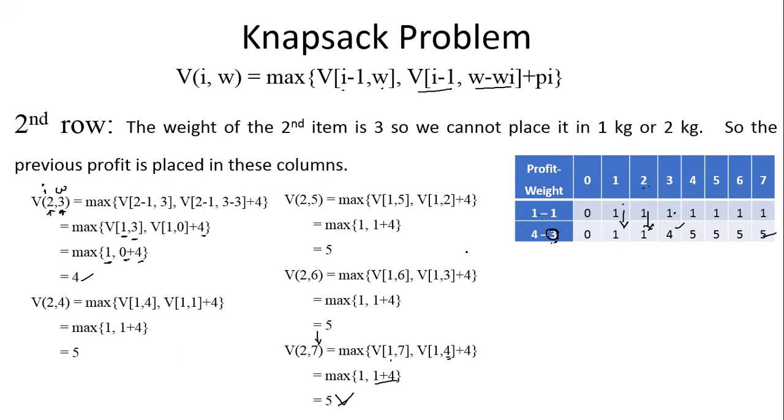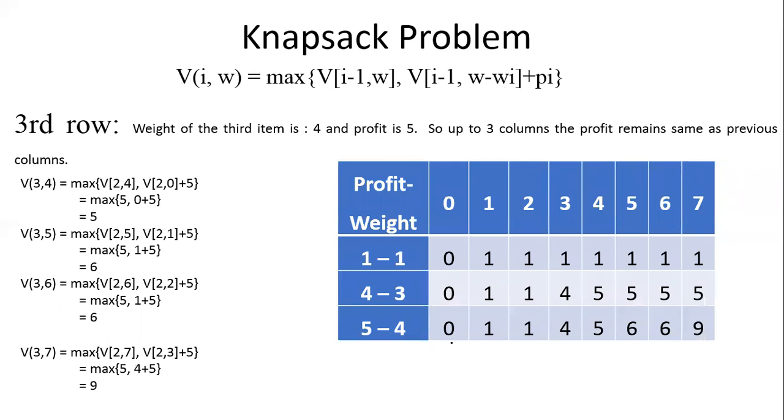Then coming to the third row, this is the calculation of the third row. Here the weight of the third item is 4. That's why this third item is not able to be placed up to 3 columns. Why? Because here the weight is 4, so for capacities less than this weight we are not able to place it.